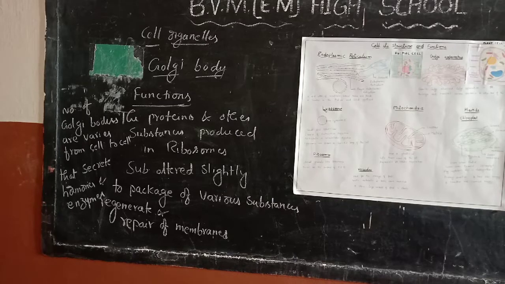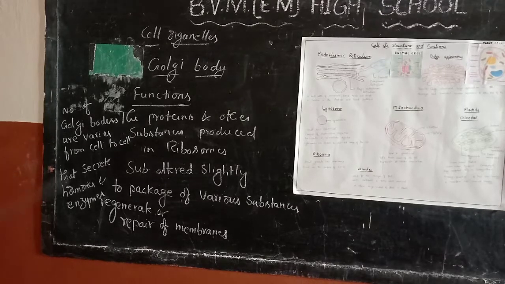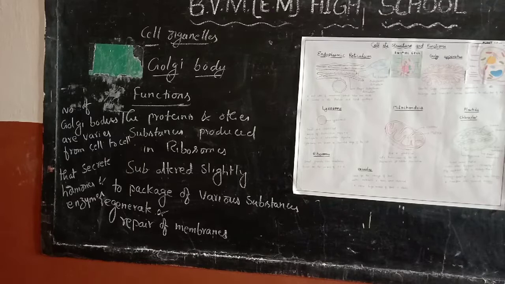They are abundant in cells that secrete hormones and enzymes. If there were no Golgi body, the proteins, enzymes and hormones would not be transported to the other parts of the cell.